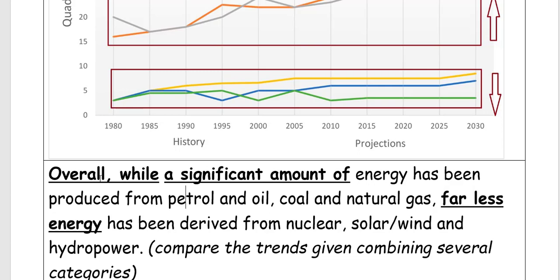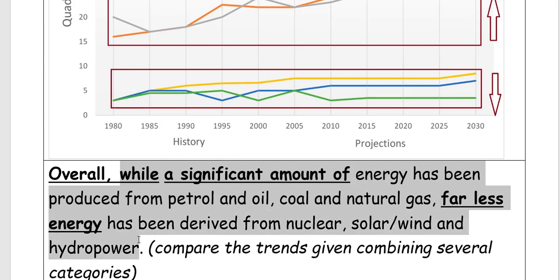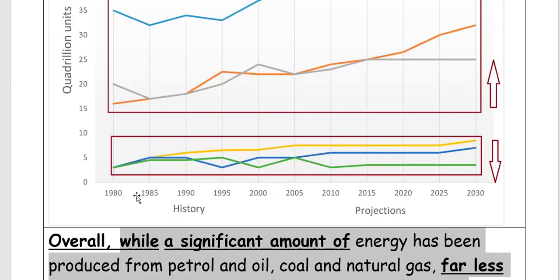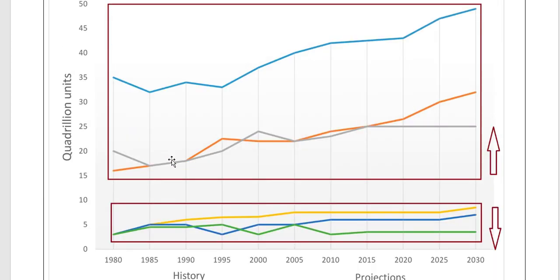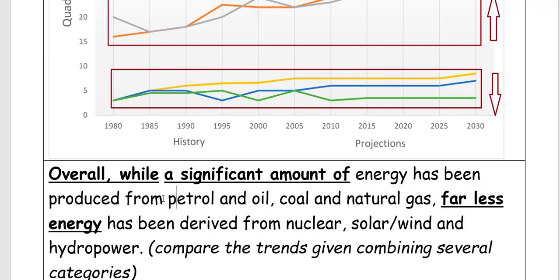So overall, while a significant amount of energy has been produced from petrol, oil, coal, and natural gas, far less energy has been derived from nuclear, solar, wind, and hydropower. Okay, so when you are trying to compare the highest figures and the lowest figures, you can use the word while, to show a contrast between them.